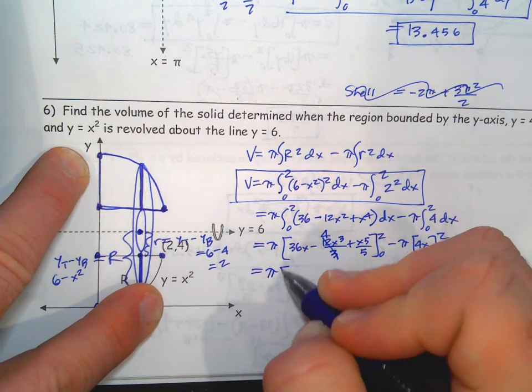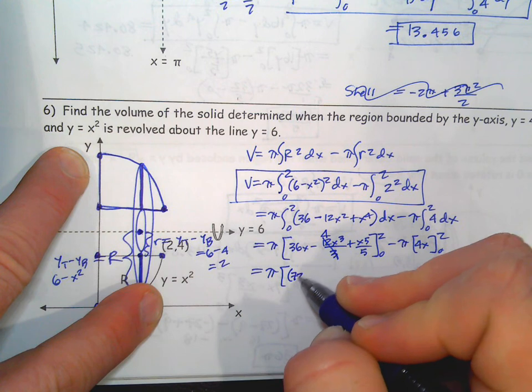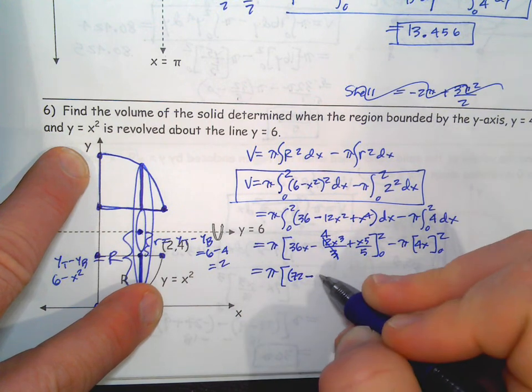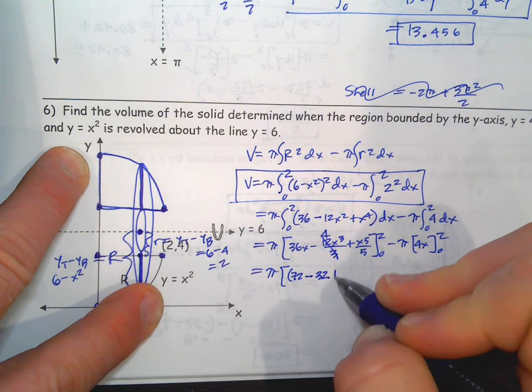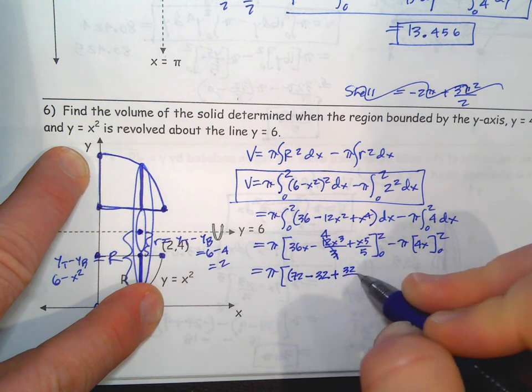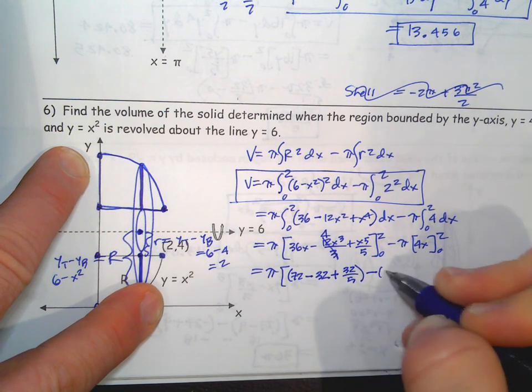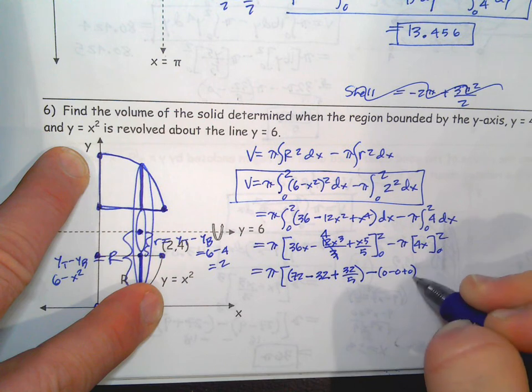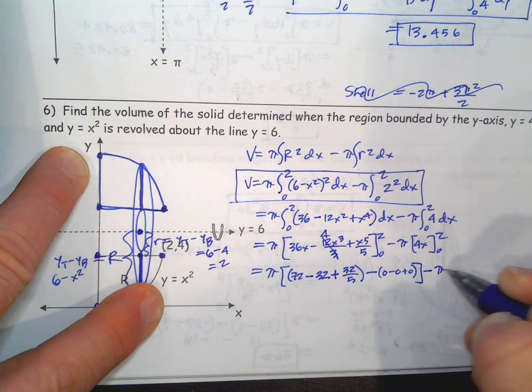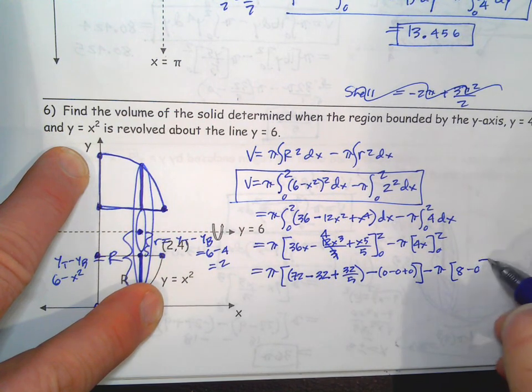So we plug 2 in and we get 72 minus 32 plus 32 fifths minus 0 minus 0 plus 0. And then we plug 2 in here, we get 8 minus 0.